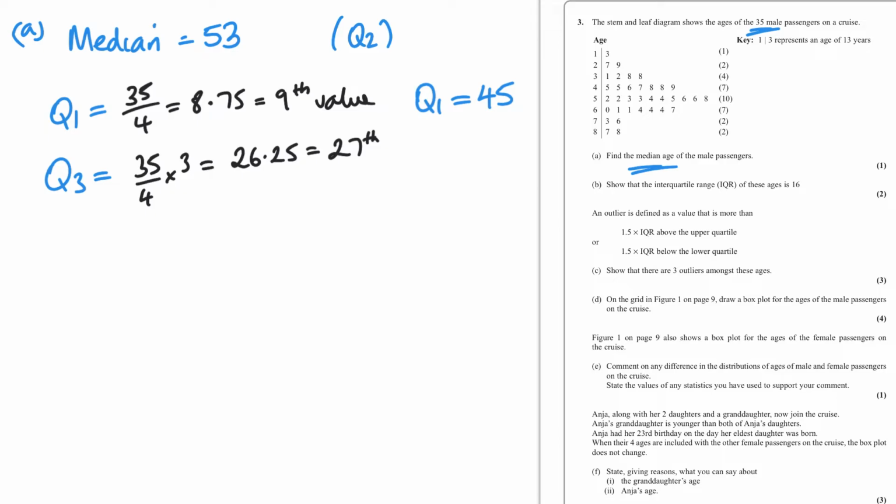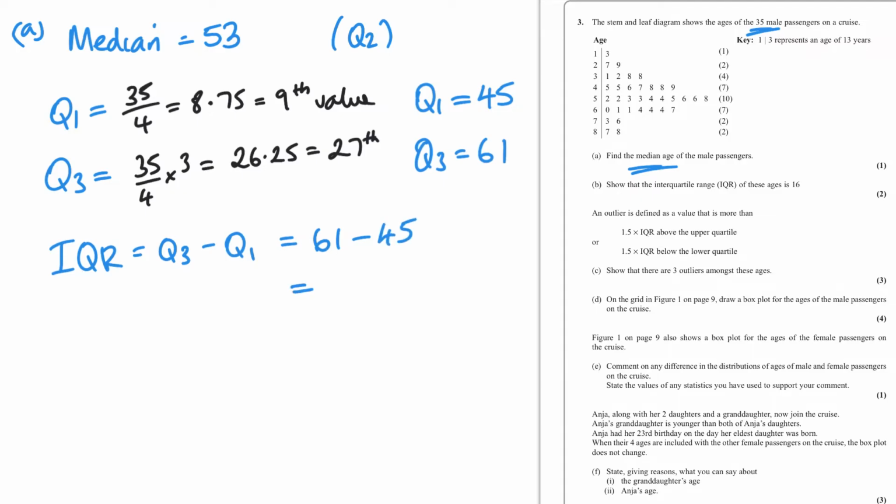So we're looking at 61 there. So Q3 equals 61. Interquartile range is my upper quartile minus my lower quartile. So 61 minus 45, and that equals 16. That is for part B.